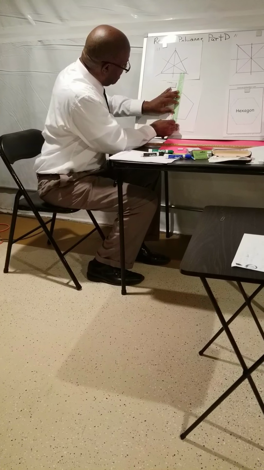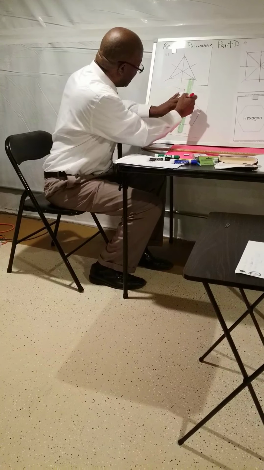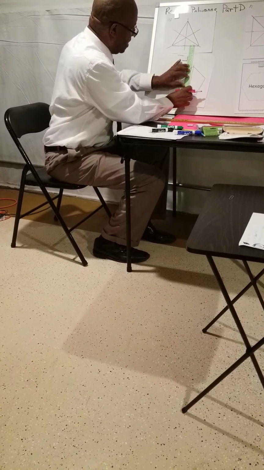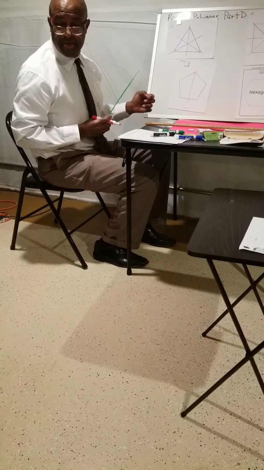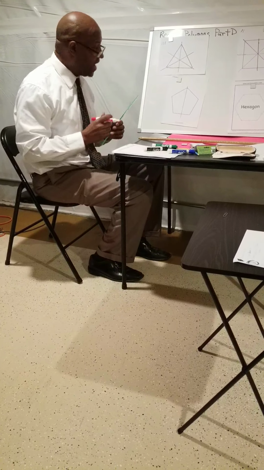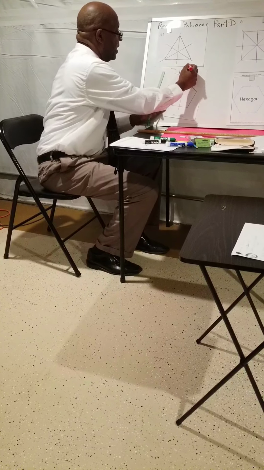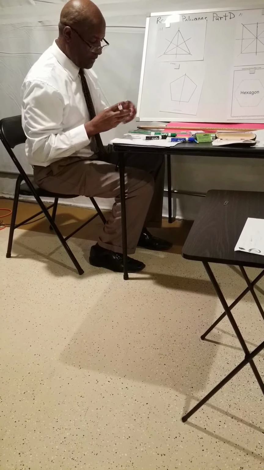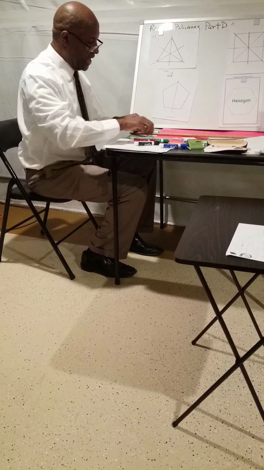Okay. Make a line in the middle here, vertical. That red line is a line of symmetry. And look, both sides are the same. So we have one line symmetric and we have one line of symmetry so far. Okay, what else?